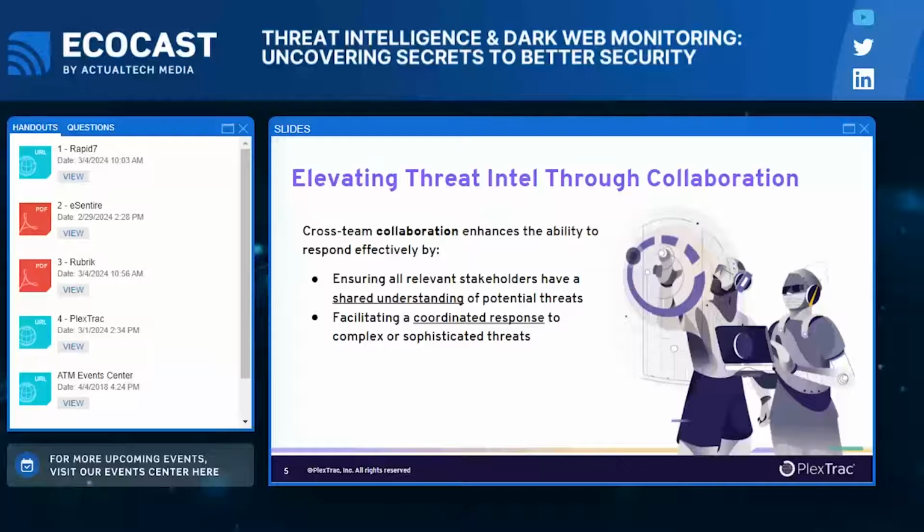Does your incident management, or the way to actually start to figure out where the attack came from? You need to have that conversation across your team, and they need a way to collaborate. So not only are there processes you need to think about, but you need to think about how teams are collaborating on this to have a level of validation against it. And how are you coordinating that response as well? Because a lot of these threats can get quite complex.